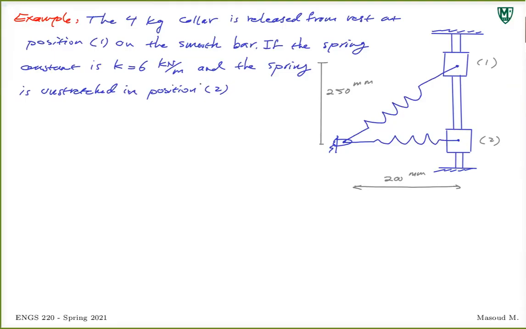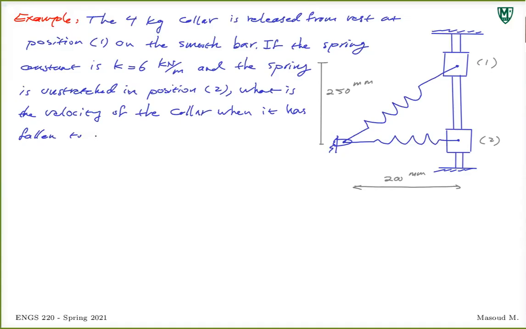So when we get to position 2, it's at its natural length. The question is, what is the velocity of the collar when it has fallen to position 2?